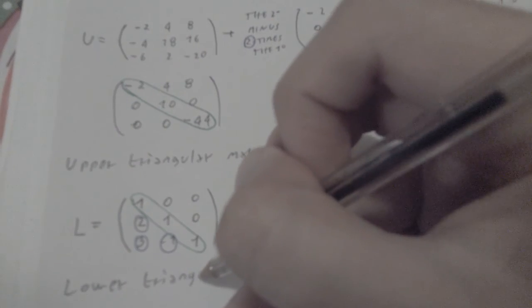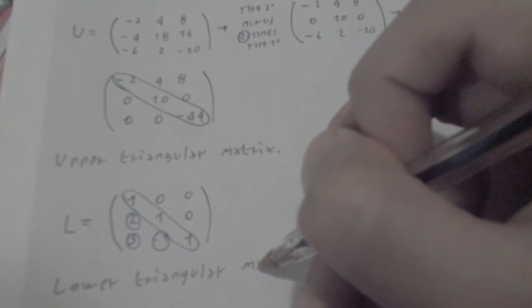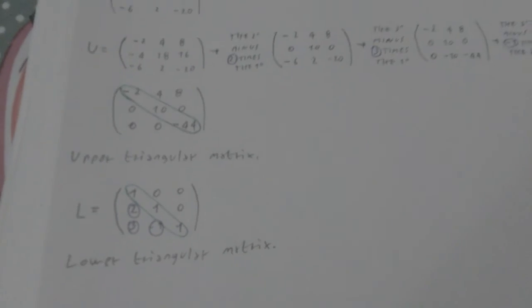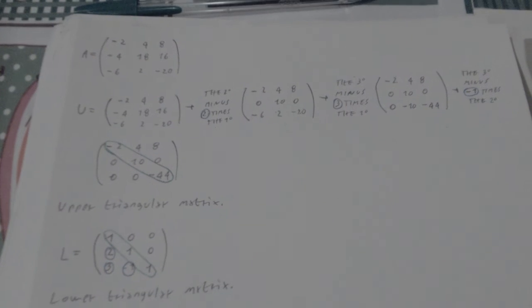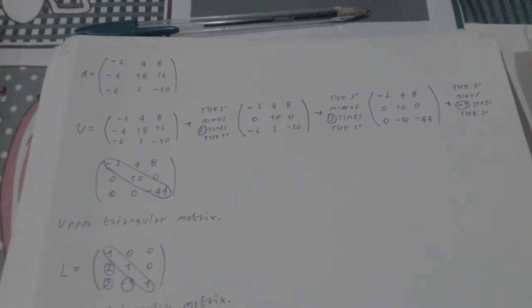This is the identity matrix with the main diagonal, and this as a whole is our lower triangular matrix. So it's not that hard. You can do it by yourself.